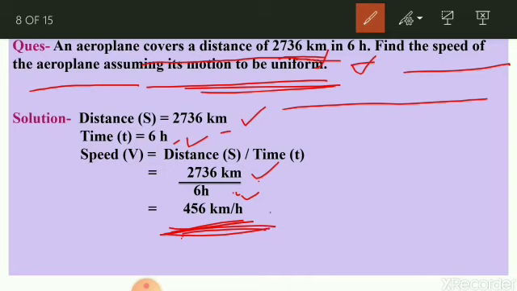It means that when the aeroplane covers 2736 kilometers in 6 hours, the speed of the aeroplane is 456 kilometer per hour.